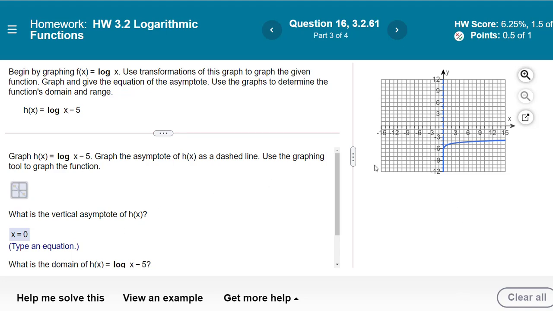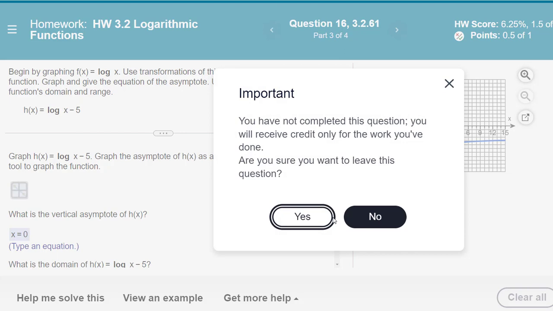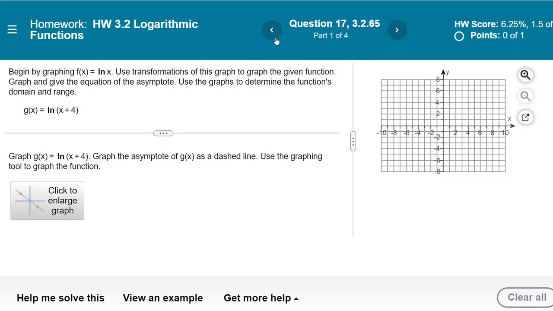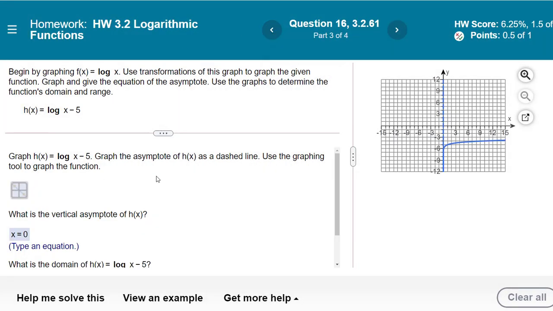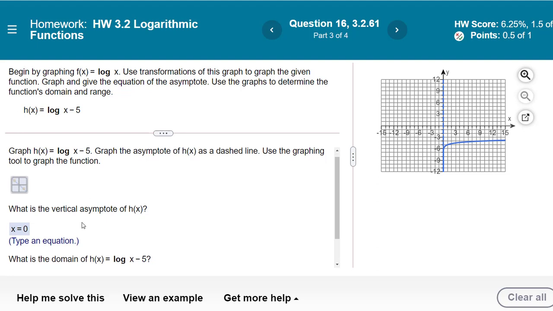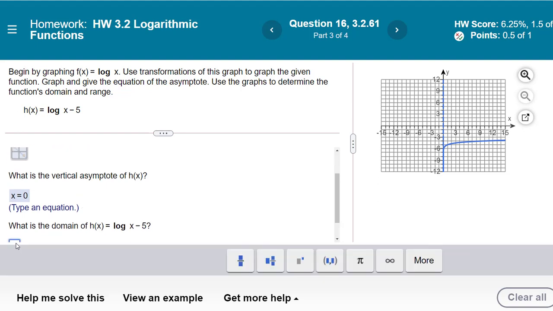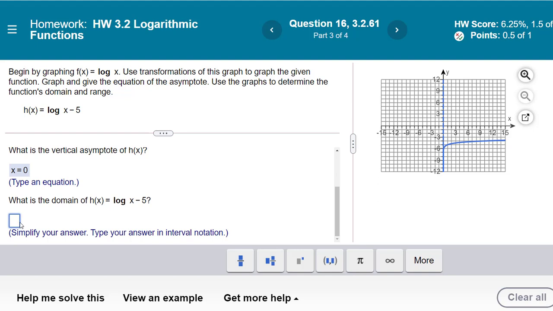It wants us to, let me go back to that. It wants us to, let me finish this because I did this in another class, and then we'll come back and we'll do a similar one.